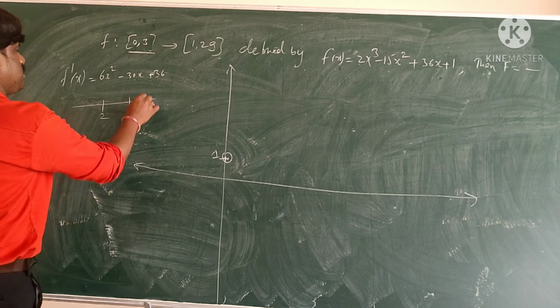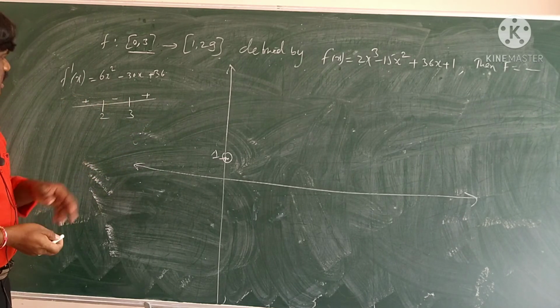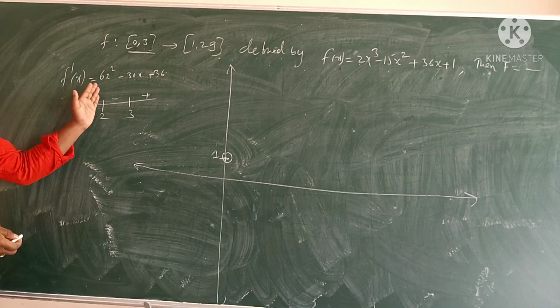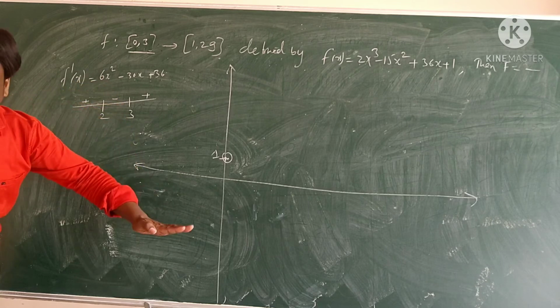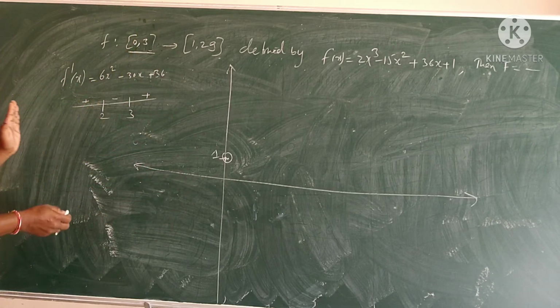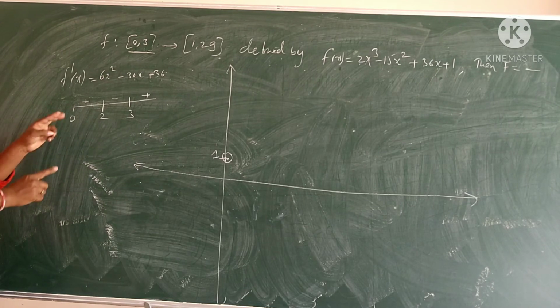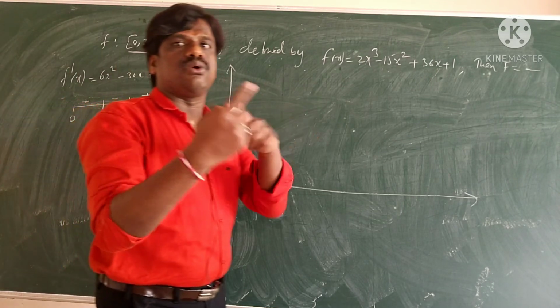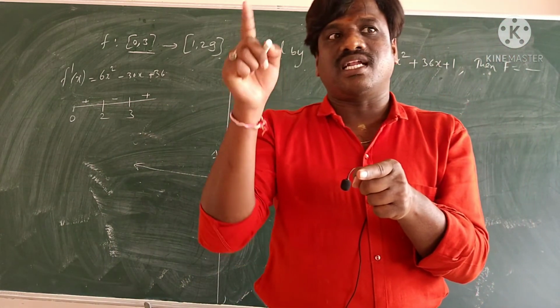Here 2 and 3, this is positive, this is negative, this is positive. At 2 the function starts going down, from 2 to 3 it is coming down, and again going up. Our domain is 0 to 3. How many critical points are there in 0 to 3? One critical point is there, so you have to find that critical point also.